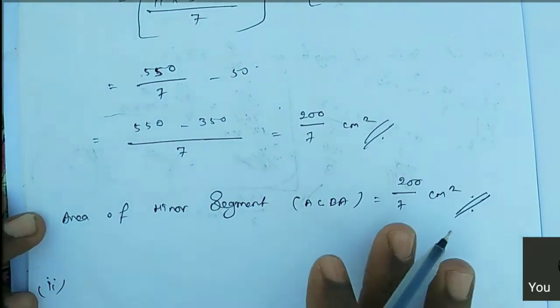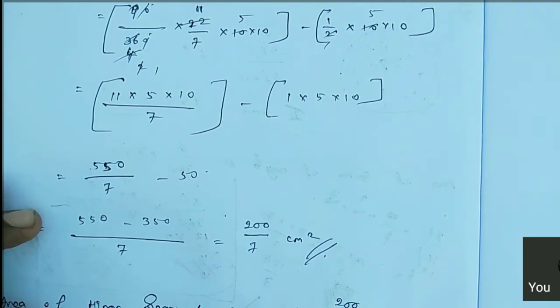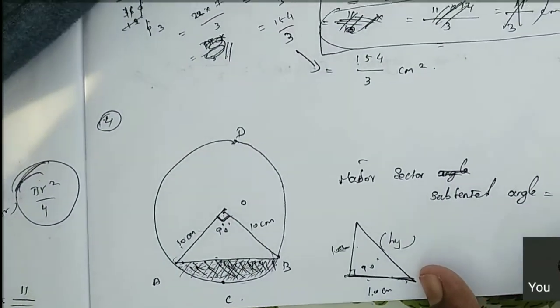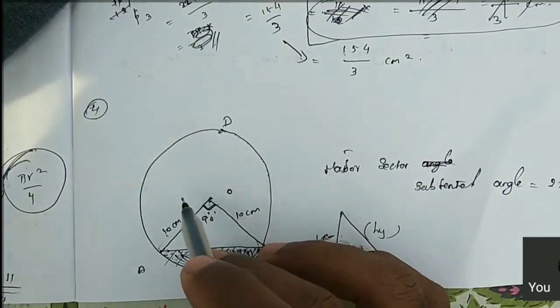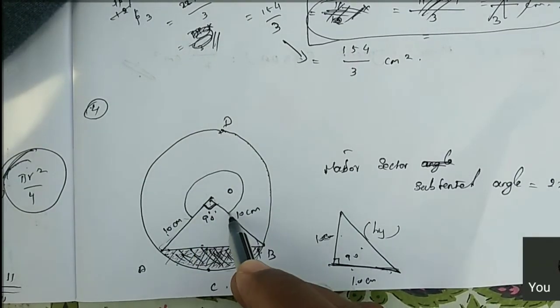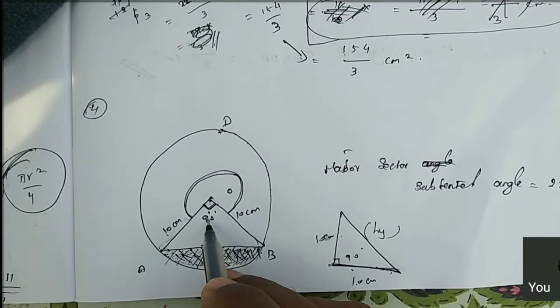Next, what are they asking? Area of the major sector. So in this diagram, which one is the major sector? This is a minor sector, and the major sector is this one, right? Here it is a 90 degree angle. What is the major sector angle?